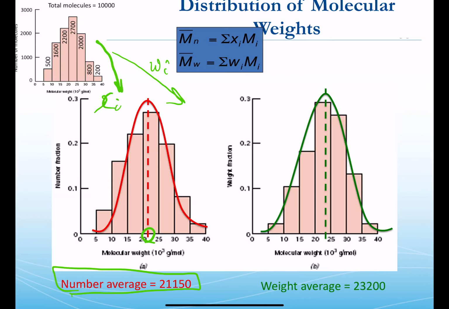And we do the same thing by applying a curve to the data that is now weighted by a weight fraction, and our value is higher at about 23,200 instead. Okay, so there's an example building off ideas that we established for students in a classroom and now applying it to chains that differ from one another by their mass.